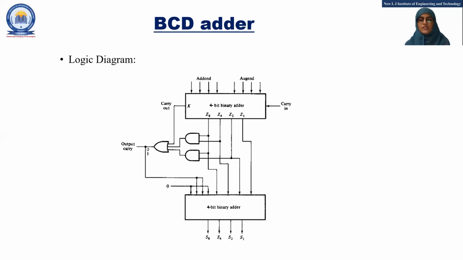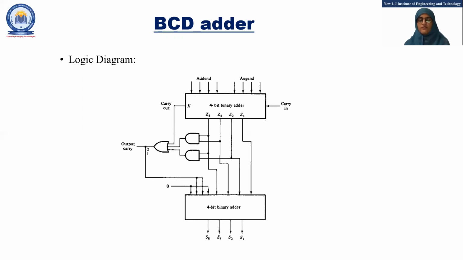Also, it will produce the carry K. Now, as per the BCD rule, if the addition of these two numbers is greater than 9, we will add 6 to it. So we have to generate the carry C, which is the BCD sum carry, with the help of the equation C equals K plus Z8 Z4 plus Z8 Z2.